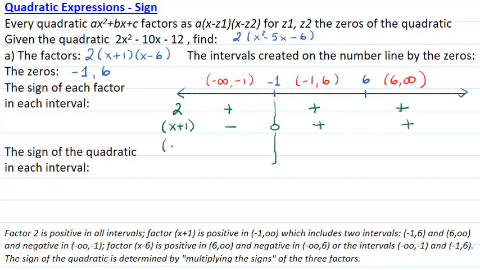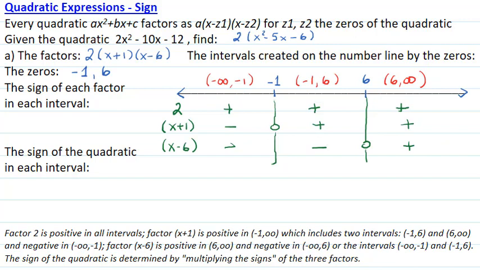The factor x minus 6 is 0 when x is equal to 6, and then it is positive when x is greater than 6, in the interval 6 comma infinity, and negative when x is less than 6. This is to the left of 6, the intervals negative infinity to negative 1 and negative 1 to 6.